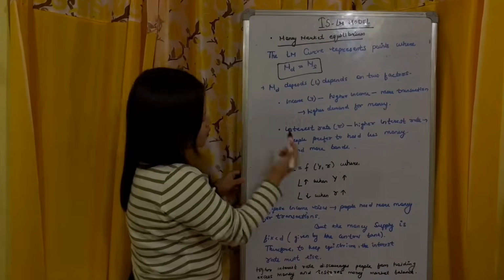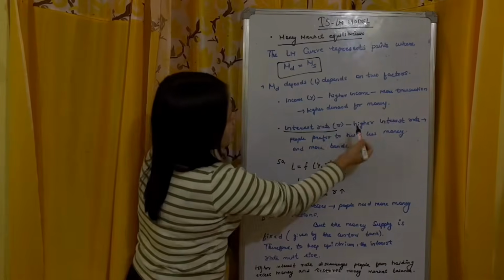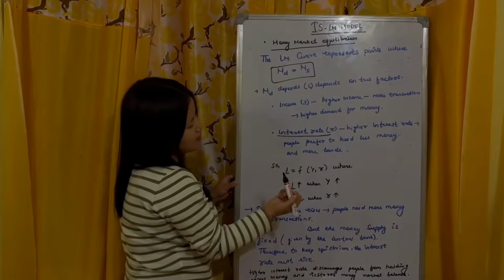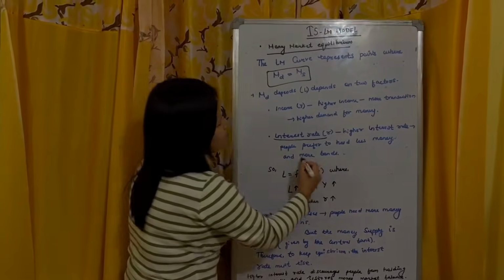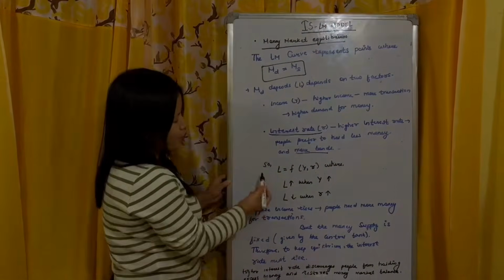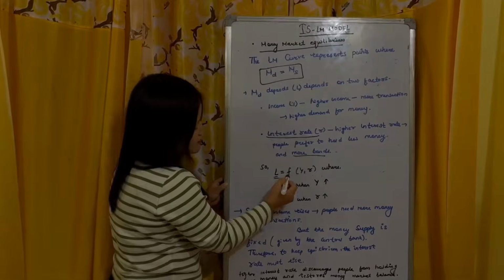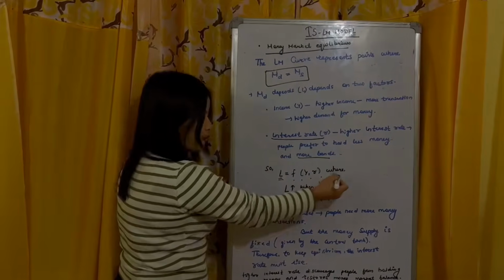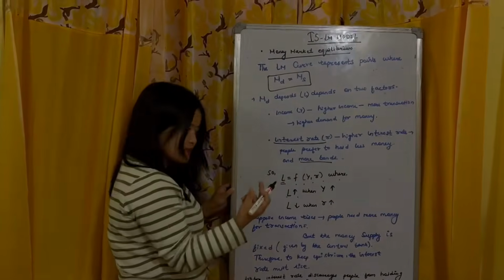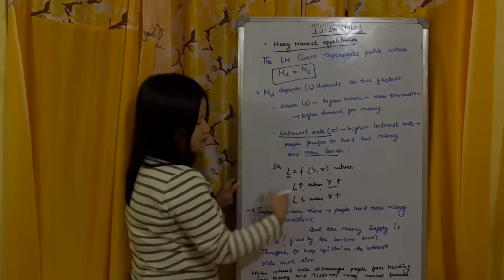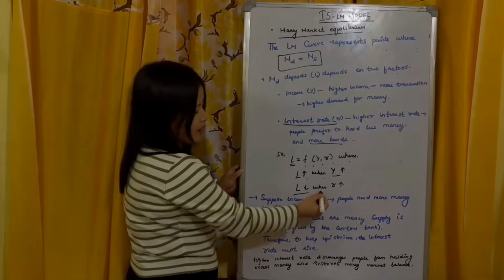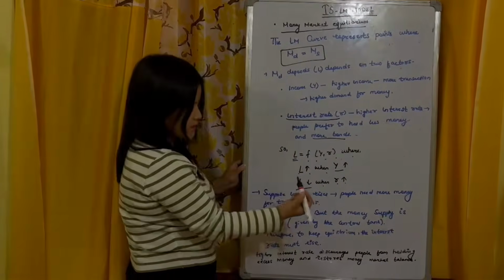In the opposite direction, at a higher interest rate, people prefer to hold less money and more bonds in their hands. So liquidity preference is a function of income and rate of interest, where liquidity preference increases when income increases and decreases when the rate of interest increases.